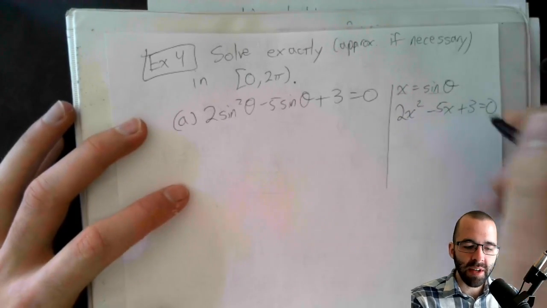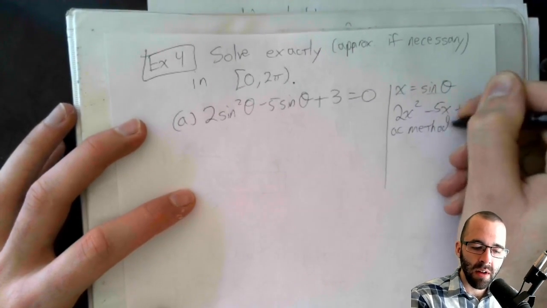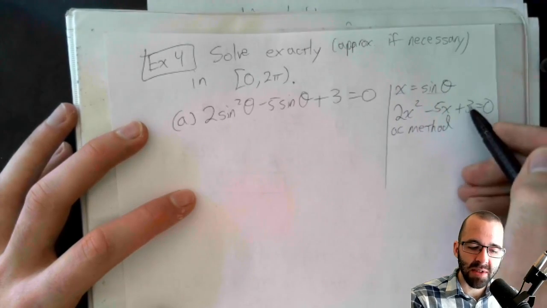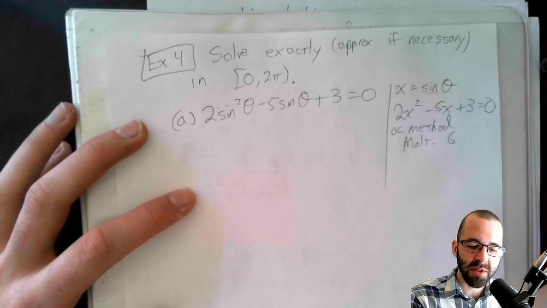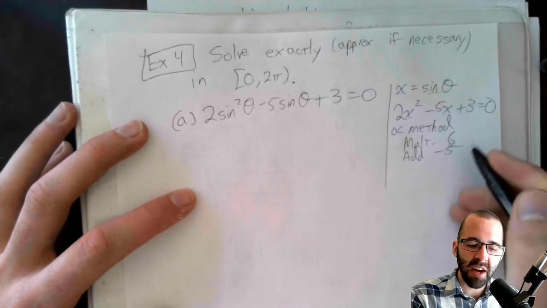So what I'm going to do is use the AC method. There's a couple ways of factoring this, but we just take the A times the C. We need to find what multiplies to 6, 2 times 3, that adds to the middle coefficient, -5.